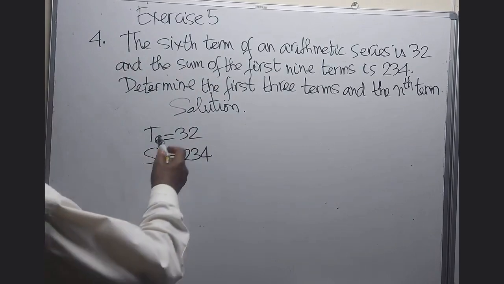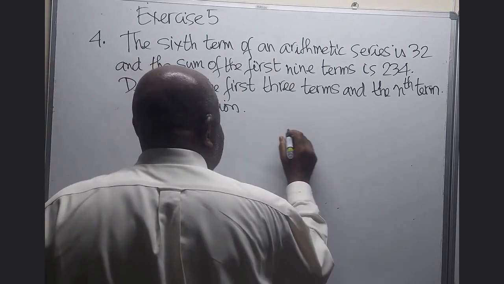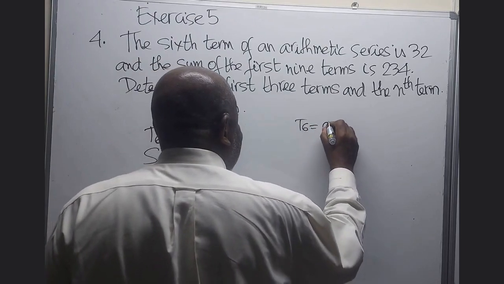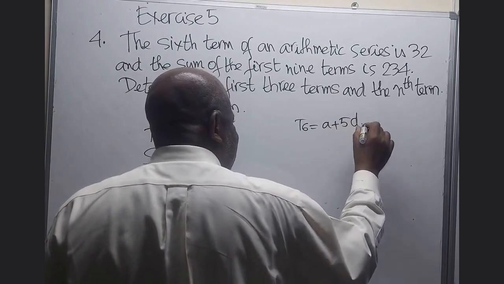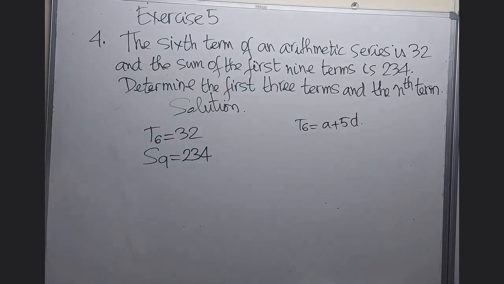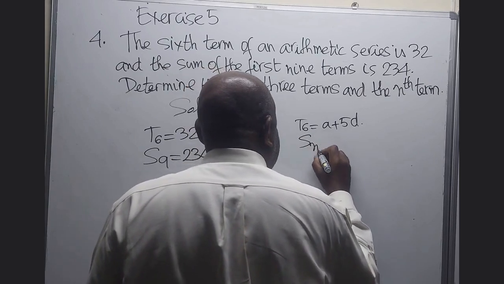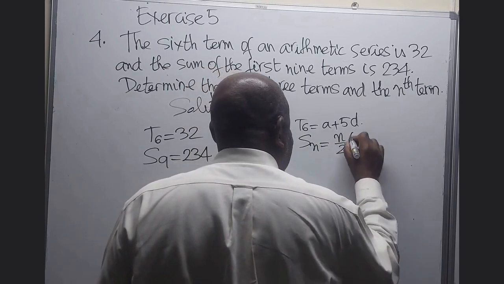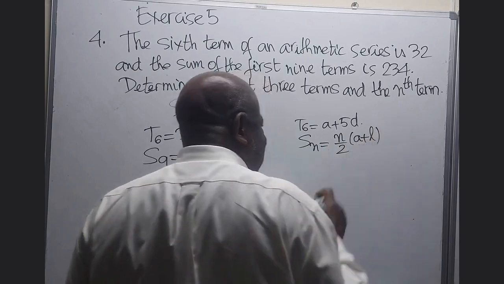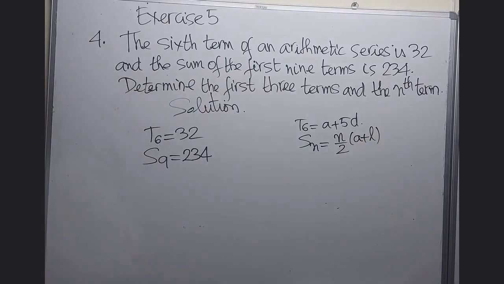So here we're going to write, remember, T6 is equal to A plus 5D. And we also know this formula that Sn is equal to n over 2 times A plus L. We can use this. This will help us to get the first three terms and the nth term.